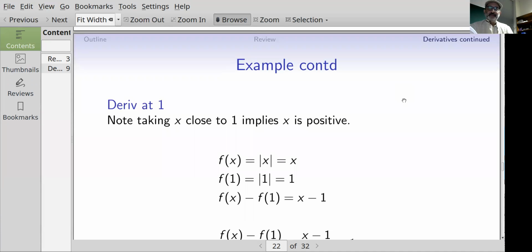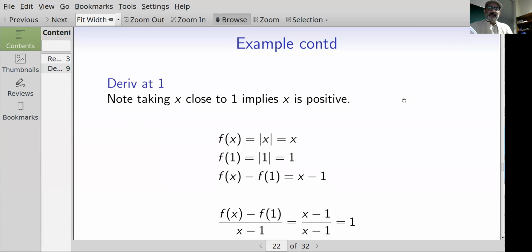Okay, so the derivative at 1. f of x equals the absolute value of x equals x. f of 1 equals the absolute value of 1, which is 1. We're taking x very close to 1, so that implies that x is positive. Then the difference f of x minus f of 1 is equal to x minus 1.